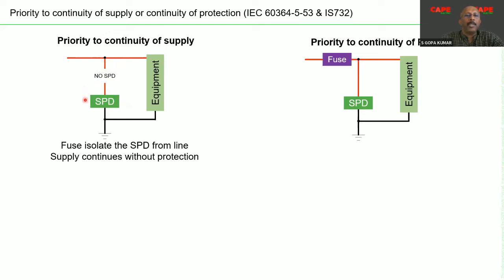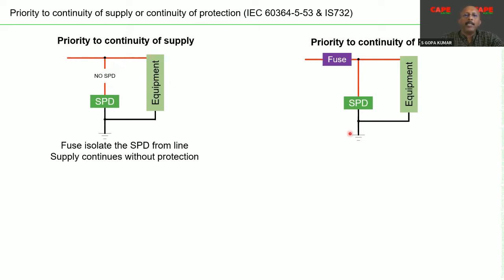The problem is there is no SPD. Once the fuse is burned, there is no protection for your equipment, but the supply is continuing. Supply is still going into your equipment without protection. This is called priority to continuity of supply, because in the first case, your priority is not protecting the equipment. Your priority is to have continuity of the supply.